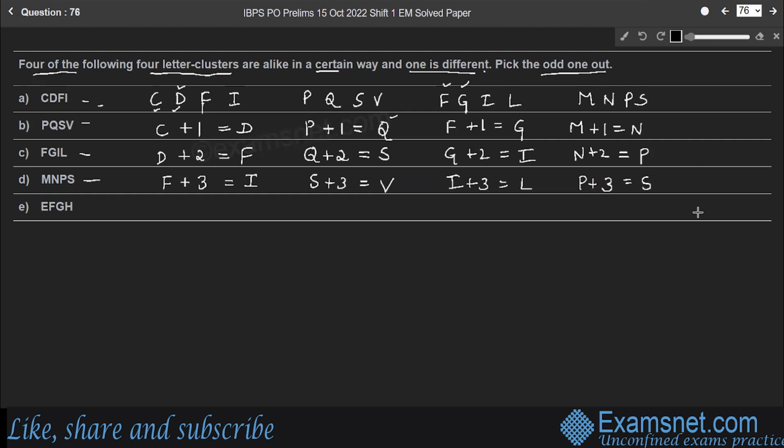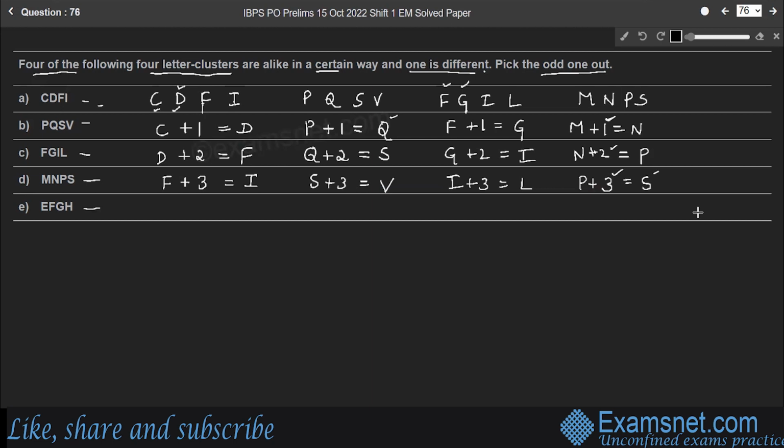Therefore, the fourth letter cluster also follows the same rule. That means consecutive numbers should be added to each letter to get the next letter. So for the first letter, 1 should be added to get the next letter. For the second letter, 2 should be added. And for the third letter, 3 should be added to get the next letter.